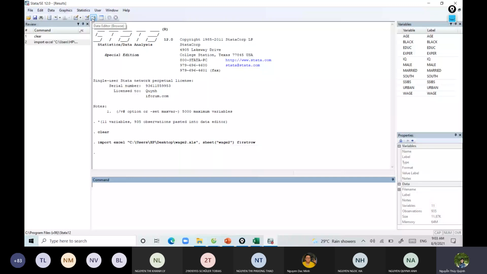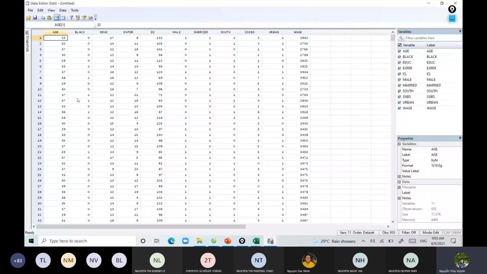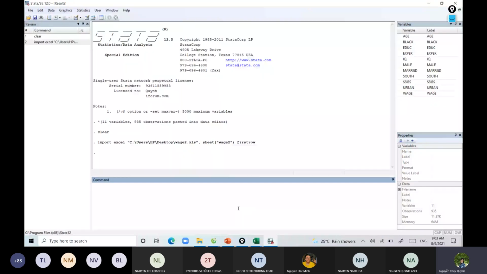Now, as we have imported the data into Stata, we can write the commands now. You can do statistical description. You can also do a regression analysis. You can also do correlation analysis and many other things.